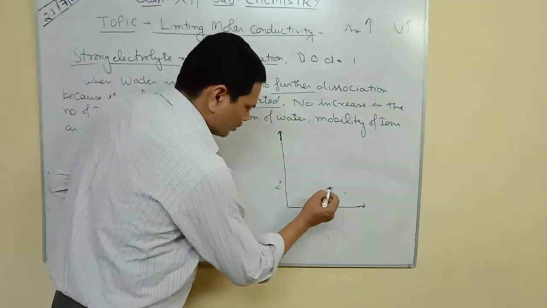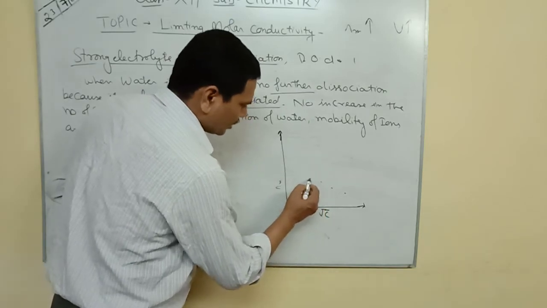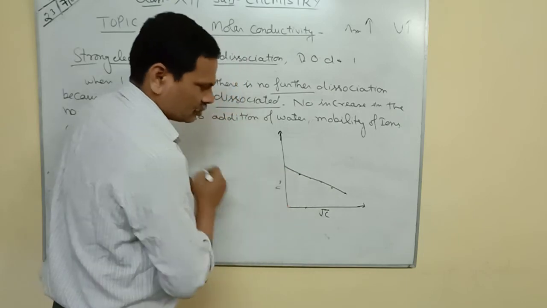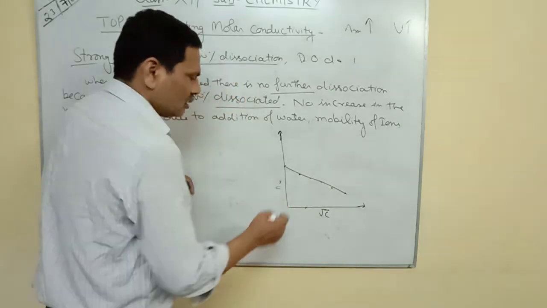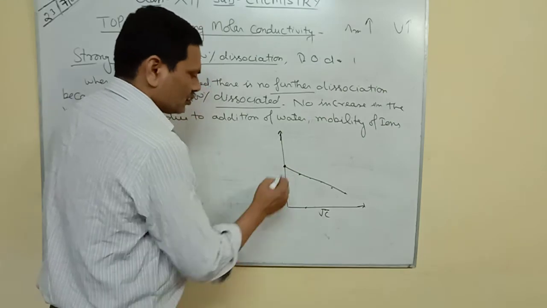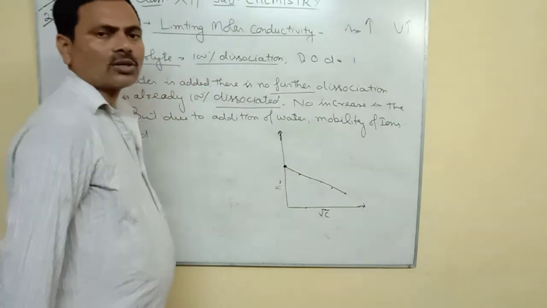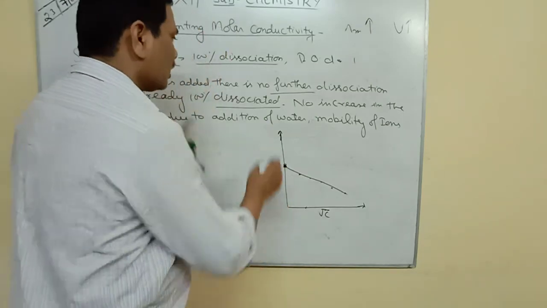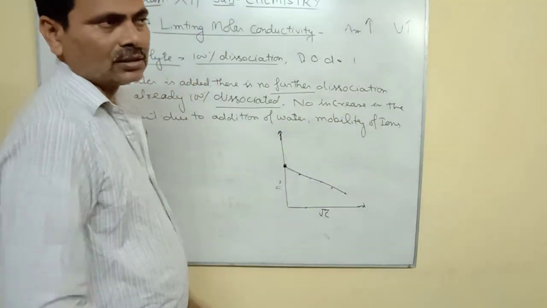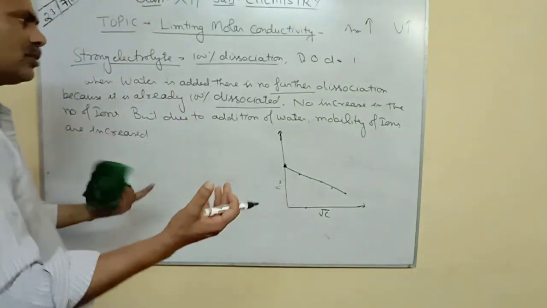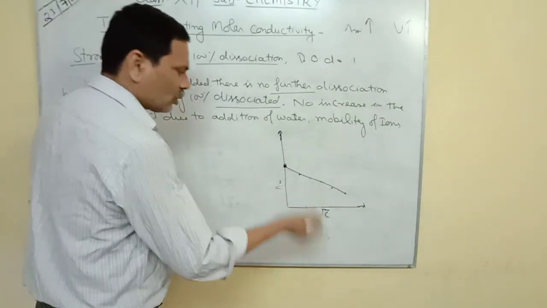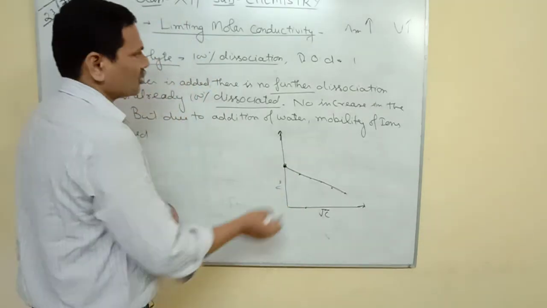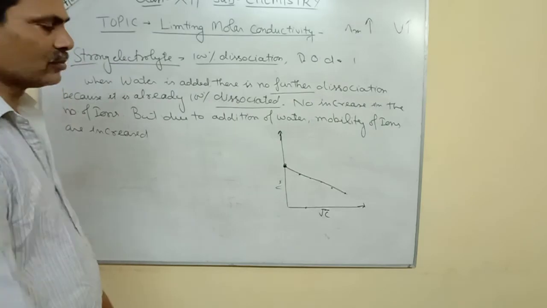In this way you will see a straight line, and after that, this is the limiting molar conductivity for the strong electrolyte, because there is no increase in the number of ions, only an increase in the mobility of ions. That's why at some extent it becomes maximum. It is called the limiting molar conductivity.